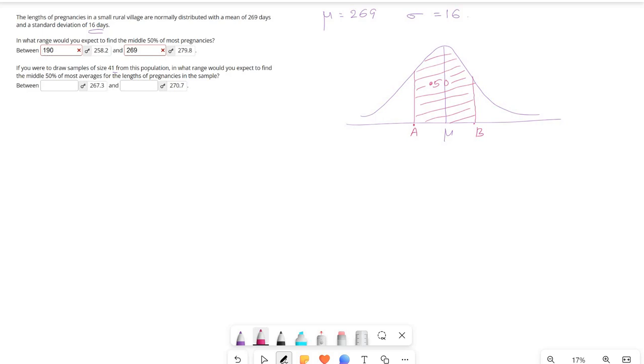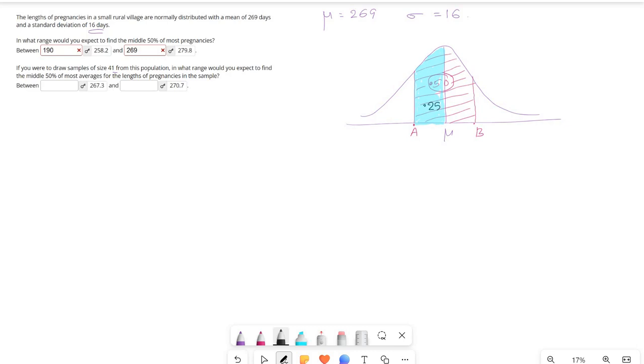Now, how do you find these values? Let us think in another way. This is 50%, so what will be this area? Since the middle 50% has half on the left side and half on the right side, the shaded area on one side is half of that, which is 0.25.